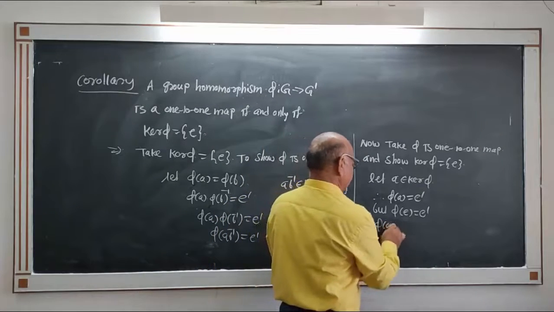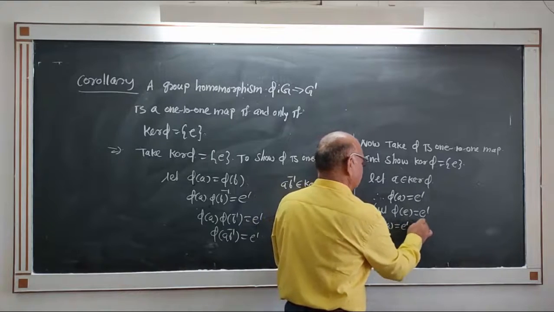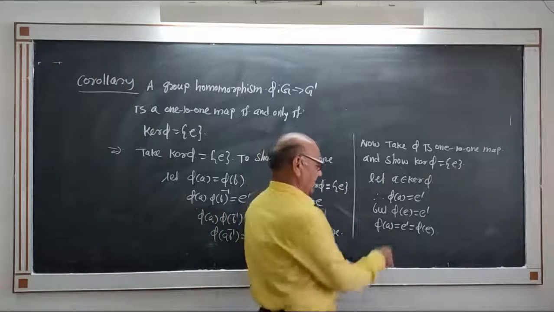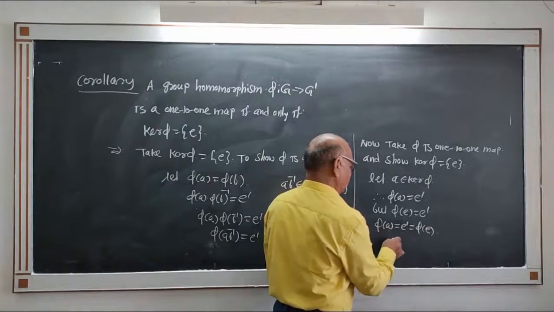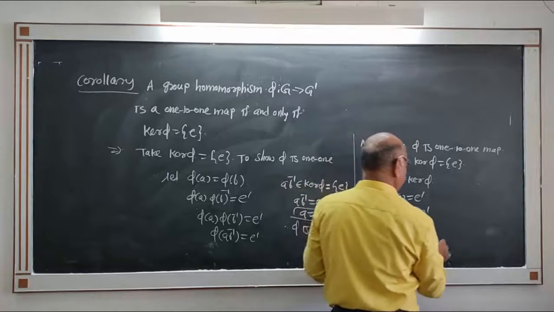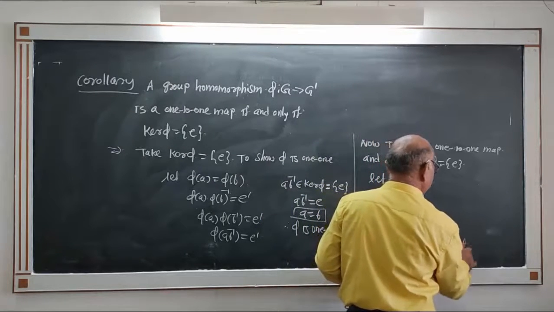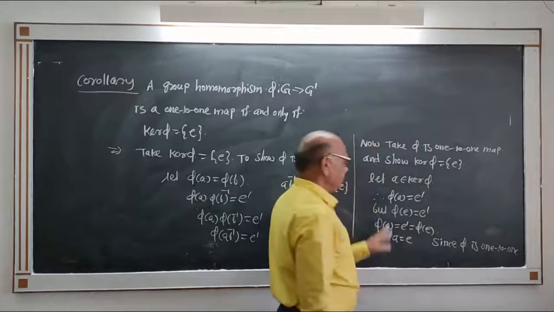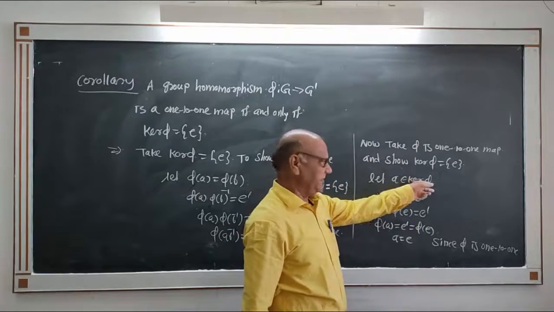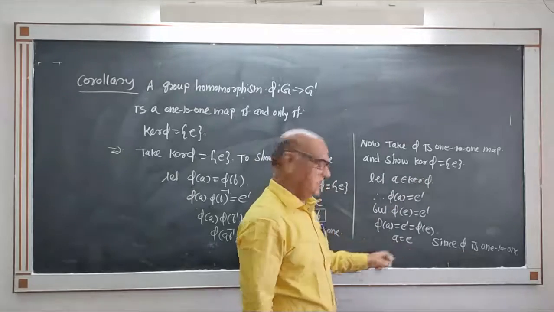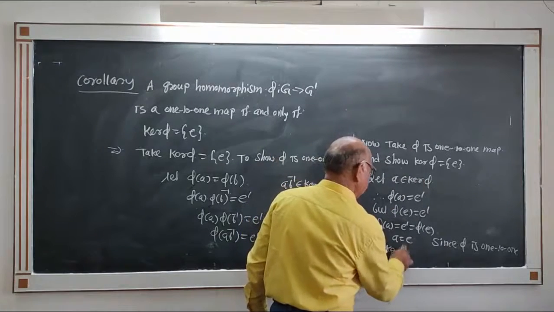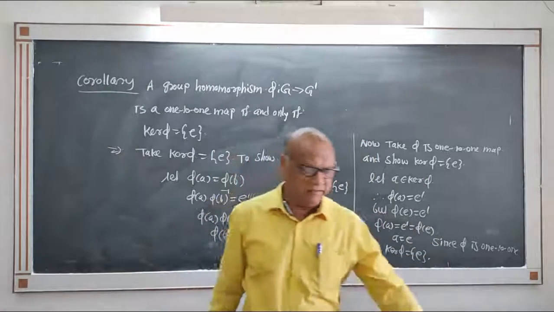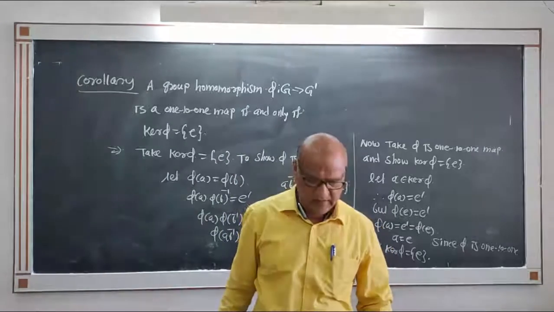That means phi of A is equal to E dash, and E dash is equal to phi of E. Since phi is one-to-one, A must be equal to E. That means if any element belongs to kernel phi, then this element must be equal to E, and therefore kernel phi is the singleton E.